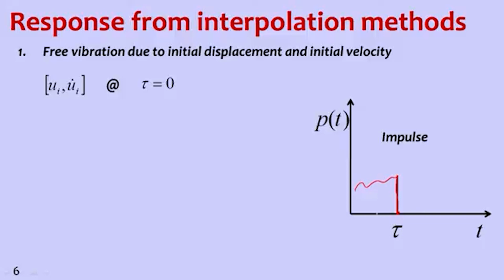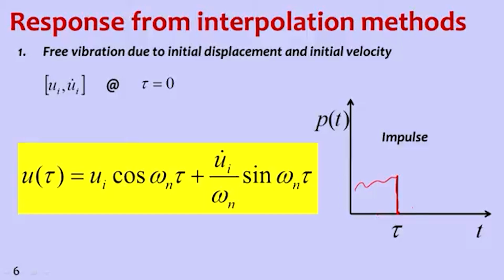So we are putting the tau at some point, that is at i, that tau is 0 at i, tau is equal to delta t at ti plus 1. So for that we already know from impulse response function that u of tau is equal to ui, that is initial condition, cos omega n tau plus u dot i by omega n sin omega n tau.